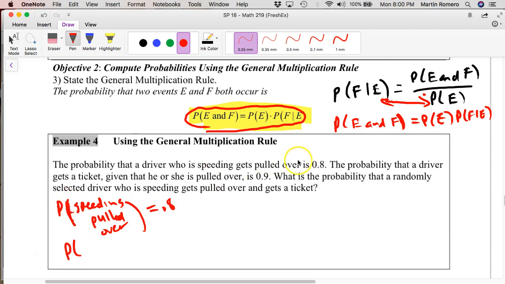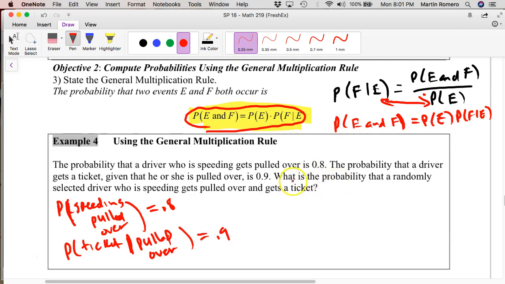The probability that a driver gets a ticket given that they're pulled over is 0.9.